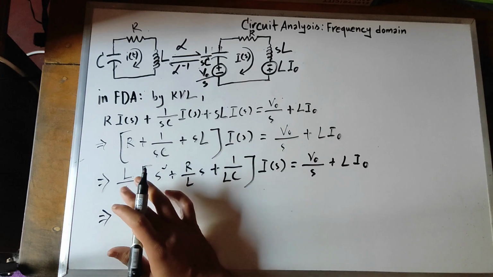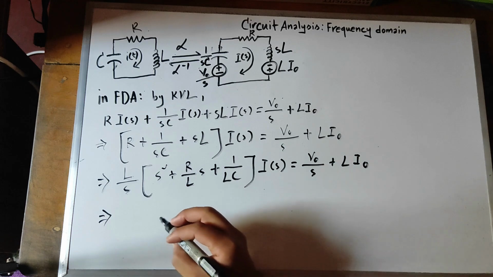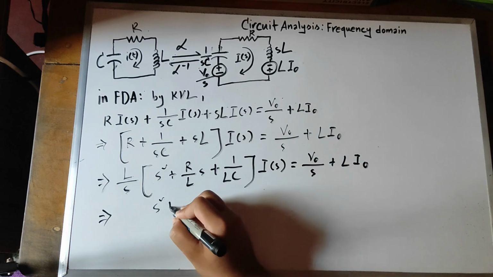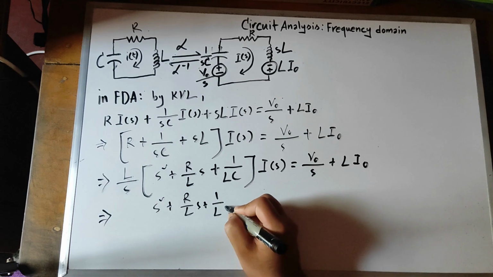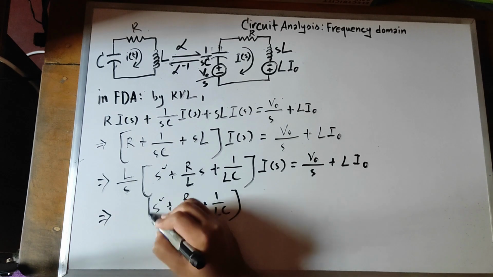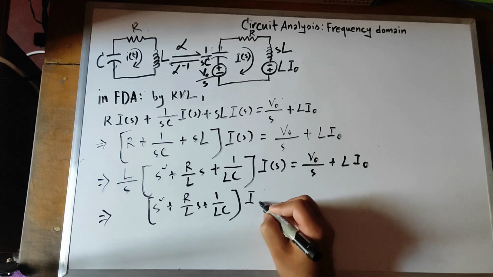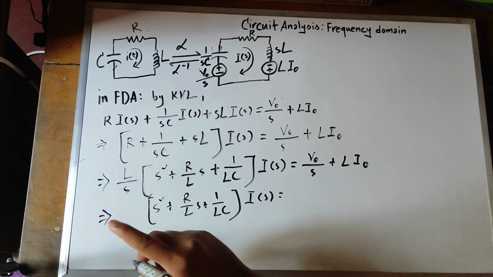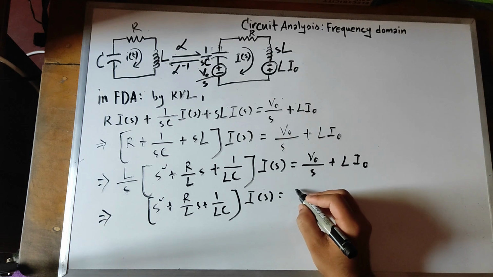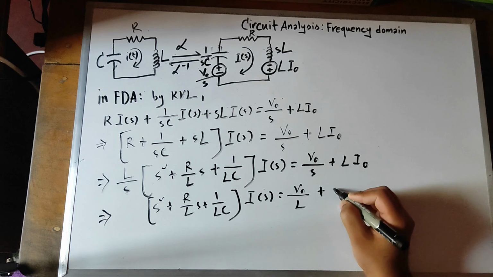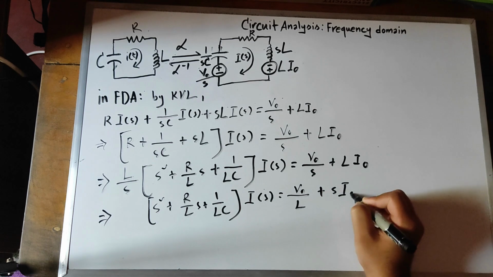If I take the L by S to the right hand side, it will give us S square plus R by L S plus 1 by LC times I(s), and L by S times that is V0 by L plus S I0.